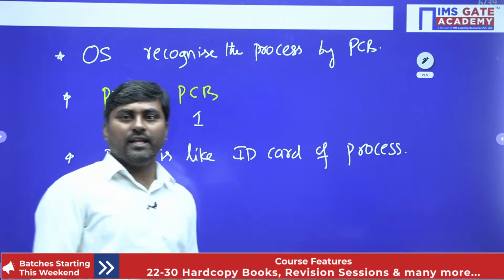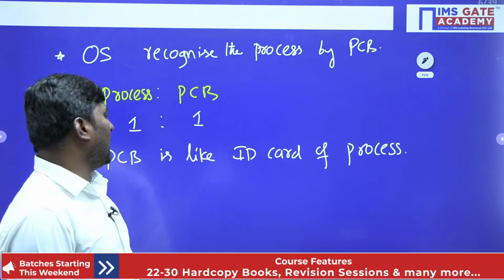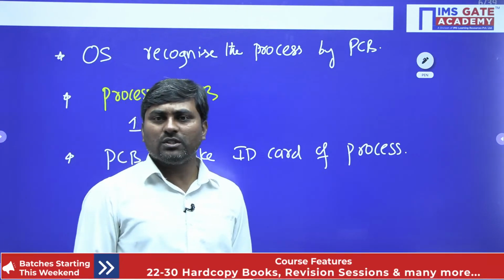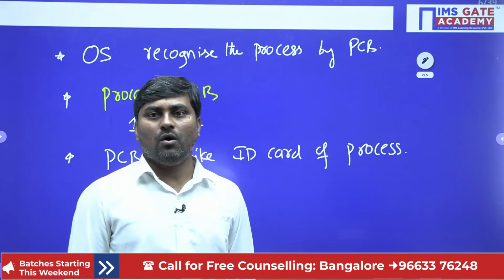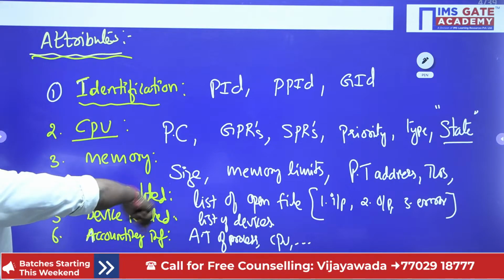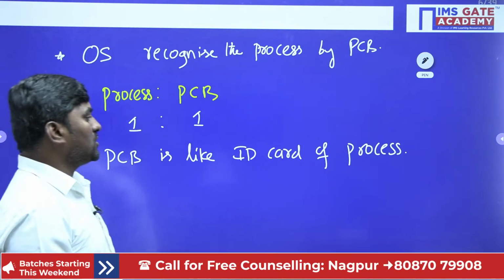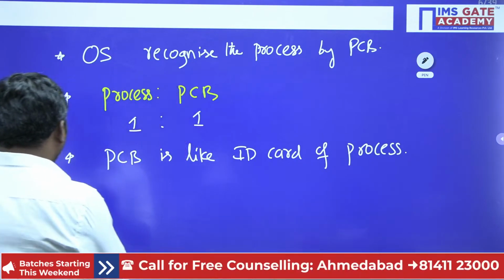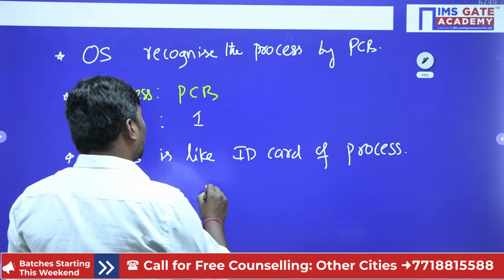Can I say or not? PCB is like the ID card of a process. It has all the attribute information. Whatever attribute information we kept, all of it is kept in the process control block. So now PCB is also known as a process object.